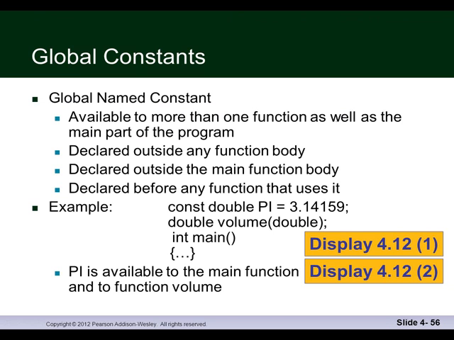We can define these things in global. That means we're going to put it outside the main. But the problem with that is what? My functions are going to be dependent on this one. So if somebody wants to use my function, they have to have that in their program. Otherwise, my function is not going to work.